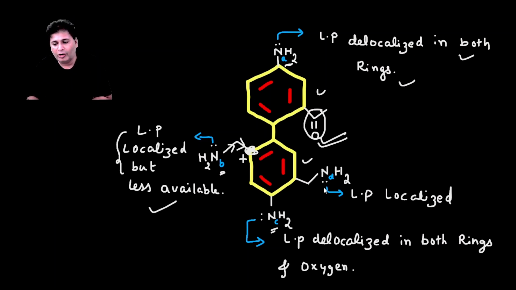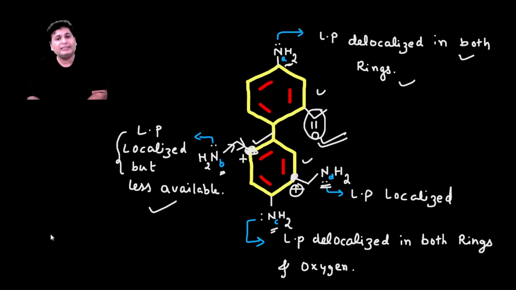And now coming on to nitrogen number D, you understand the lone pair remains localized and is highest available. Why? Because the plus charge does not even come on this carbon, and therefore there is no withdrawal that takes place as it takes place in the case of B. So if you take all the points into consideration, you can write a final hierarchy.